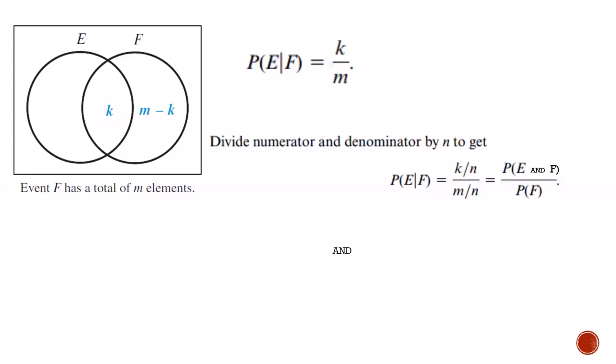Well, the probability of E occurring would be K out of M. I can multiply the top and bottom of this fraction by 1. You don't need to know the derivation of this, guys, right? You just need to know the formula and be able to use it. I just want to give you some sense of where it's coming from. Otherwise, you don't really know what is going on, right? You're just being jerked around from formula to formula.